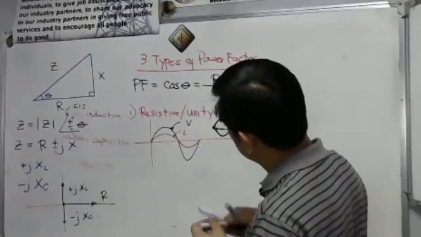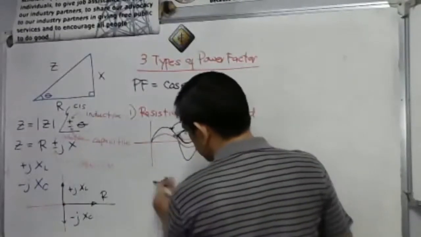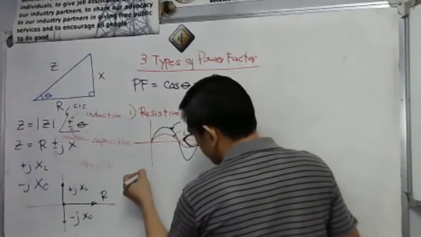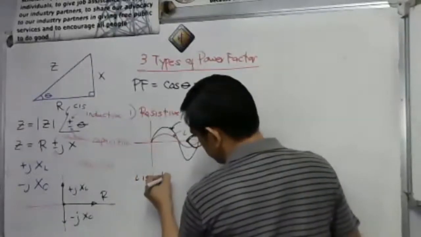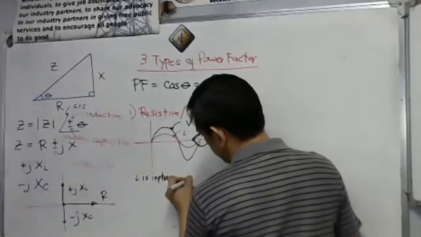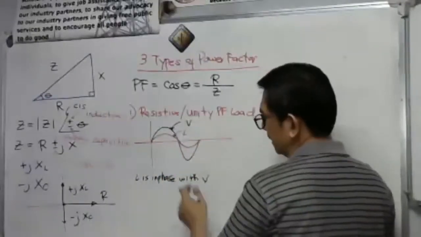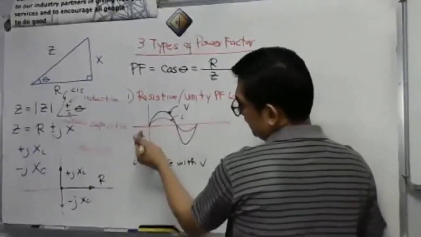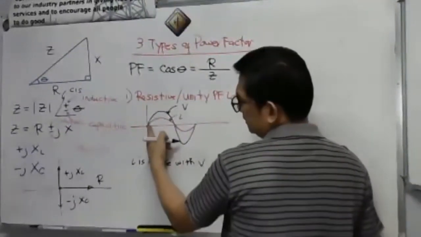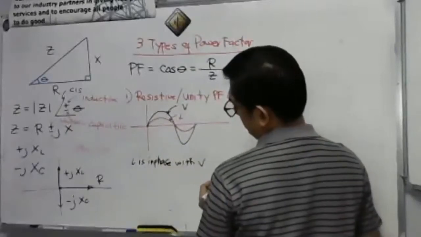So, as we read this, I is in phase with V. They have no phase difference. They have the same starting point here, let's say at 0 degree.